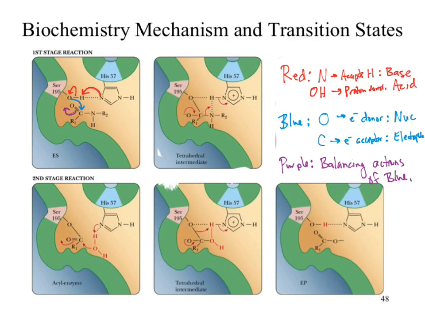Okay? So when you're trying to classify reactions, exchanging hydrogens is just acid-base. Everything else happening, you're looking at a covalent bond change. So we can refer to it as covalent catalysis. Chymotrypsin, covalent catalysis. Why?